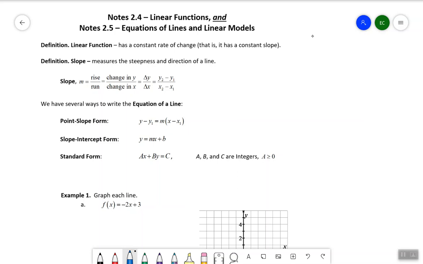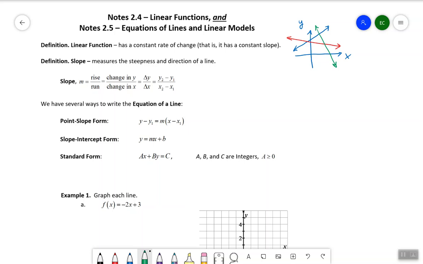So if you have a coordinate plane, an x and a y axis, then your line might go in this direction, or it might go in some other direction. And so slope is a number that describes the particular direction of the line.